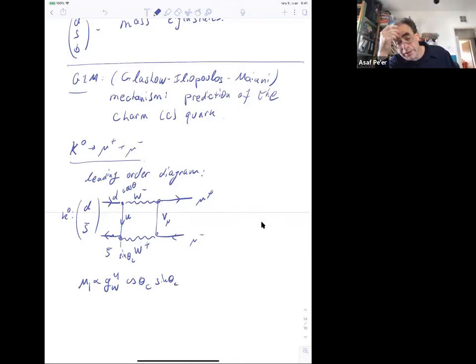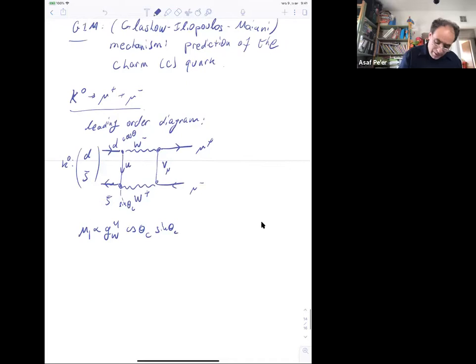This is something which you can measure. We know what theta Cabibbo is. We know what G weak is from weak interaction, from leptonic interactions. So you could calculate theoretically what the expectation is, what the cross section is, basically. But it turned out that experimentally, the branching ratio is much, much smaller.